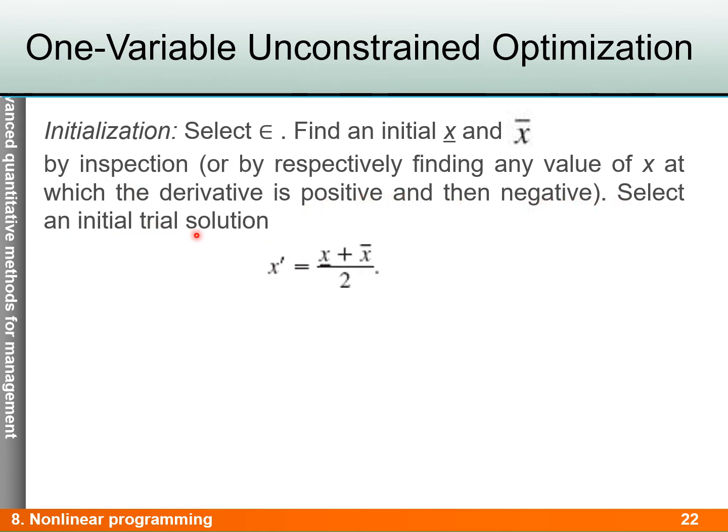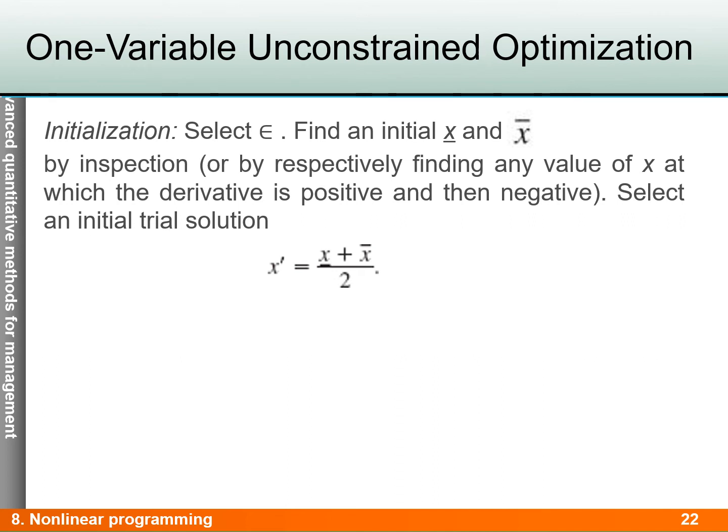Select an initial trial solution. As I told you in the previous slide, the initial solution would be equal to the average of upper bound and lower bound, which gives us this x prime as our solution.